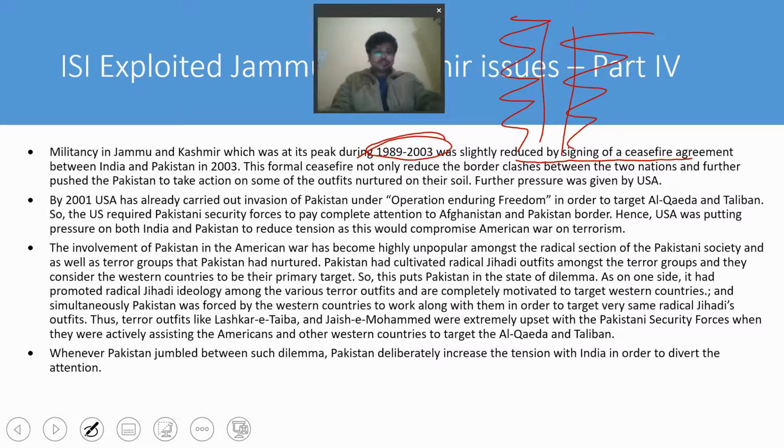For a short period this proved helpful, and trade started between the two countries, but again Pakistan started to violate the ceasefire agreement.